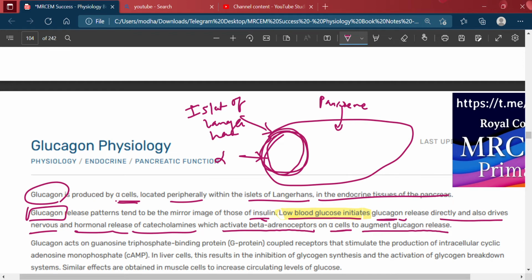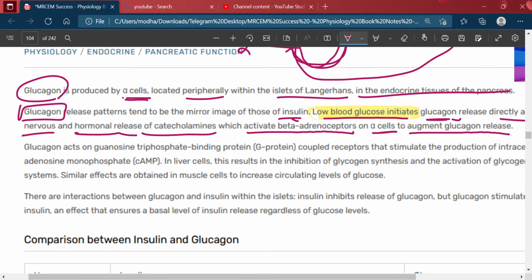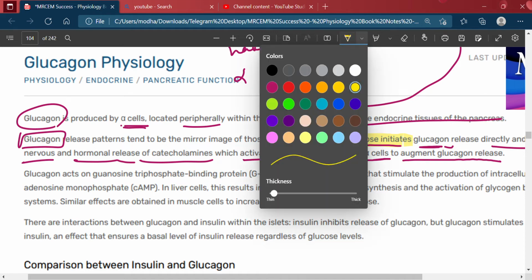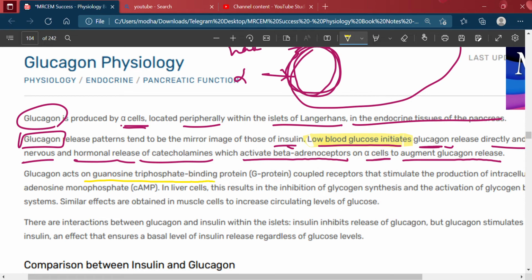Okay, so glucagon acts on the guanosine triphosphate binding protein, the G protein coupled receptor.